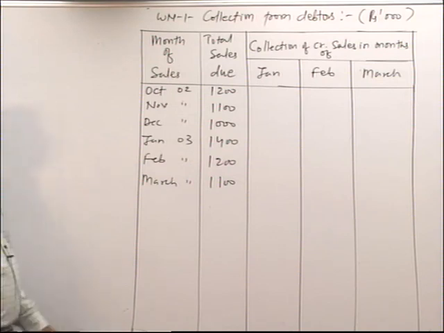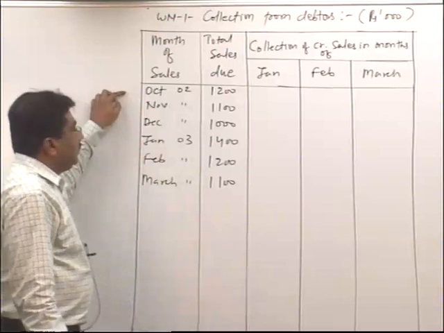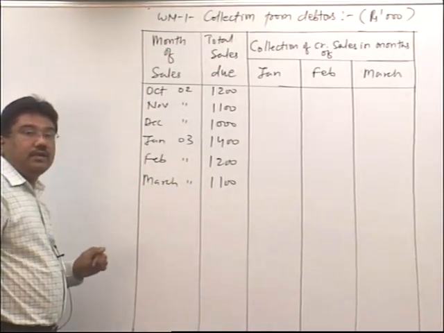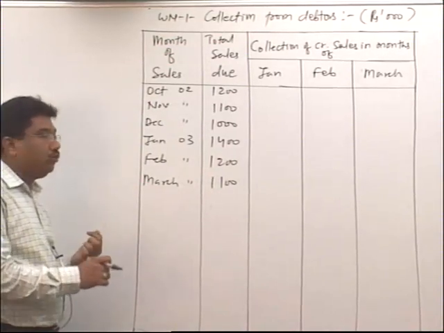Now, all the students please pay attention. Refer to the rules of collection. In case of any sales, 60% is collected in the same month, 30% after 1 month and 5% after 2 months.